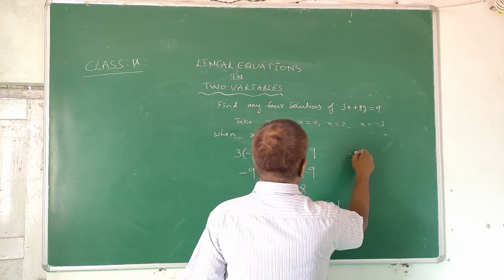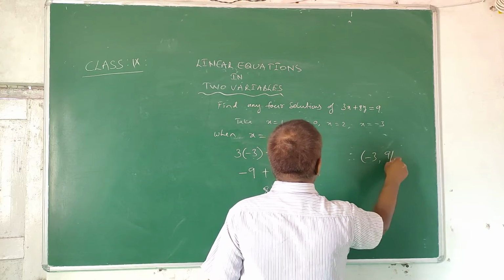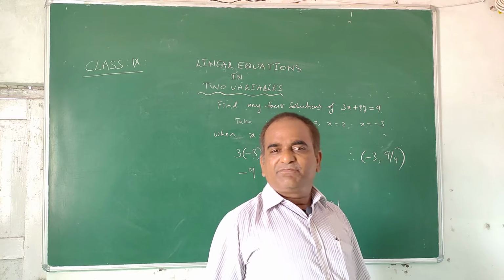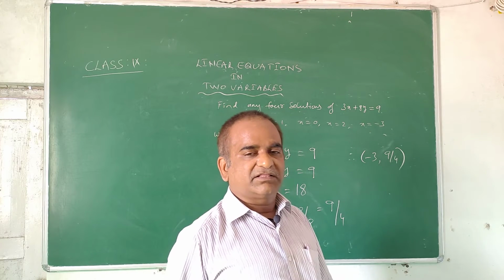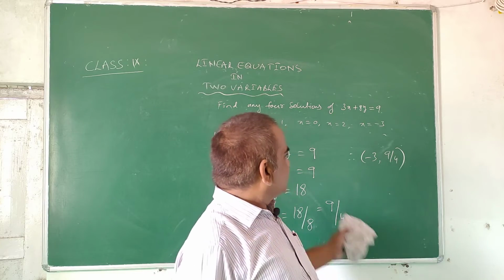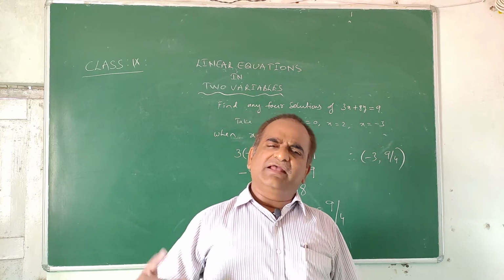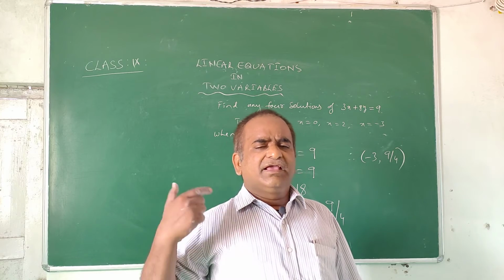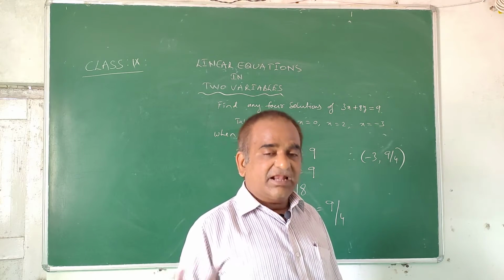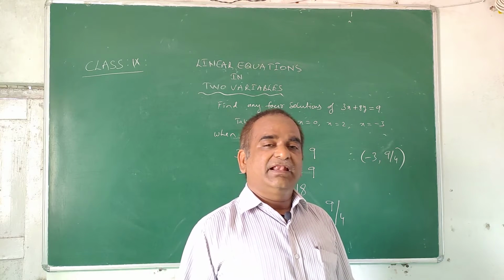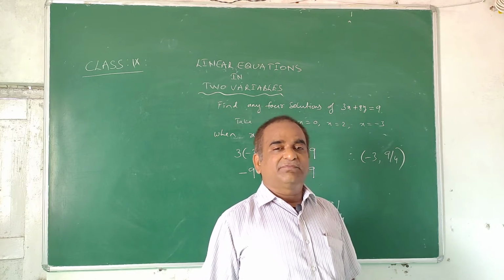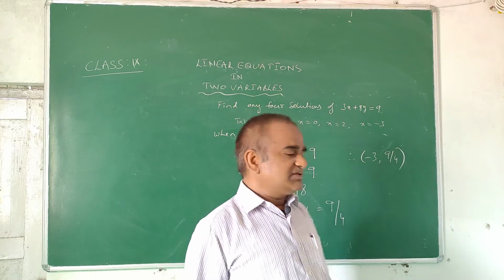Therefore minus 3 comma 9 by 4 is the fourth solution. The question asks for any 4 solutions, so we successfully found 4 solutions of the given linear equation. Like this you keep on giving various values for x and you will get various solutions, so there exist infinitely many solutions for the given linear equation.